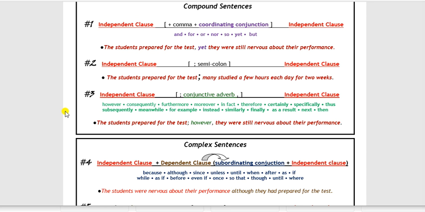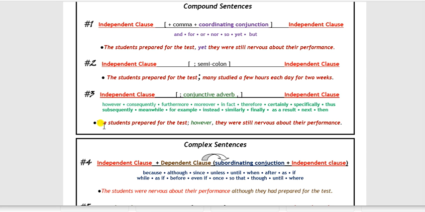If you don't remember what an adverb is, adverbs describe verbs usually, sometimes adjectives or other adverbs. Okay, so basically these show a relationship between these clauses. This is not the only way, because coordinating conjunctions do that too, but this is a very specific way of connecting these two clauses by showing the relationship between them.